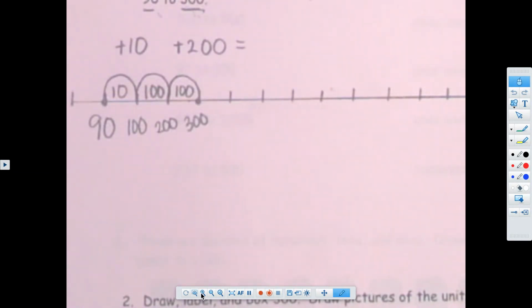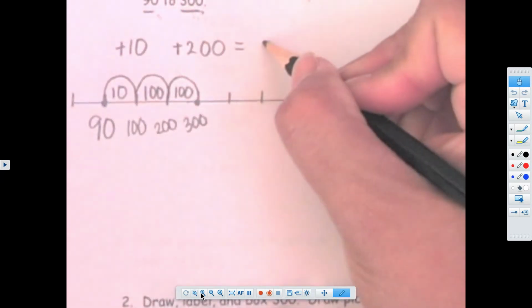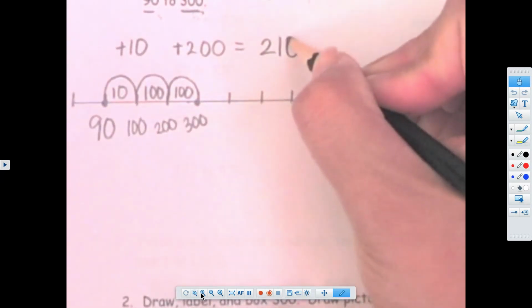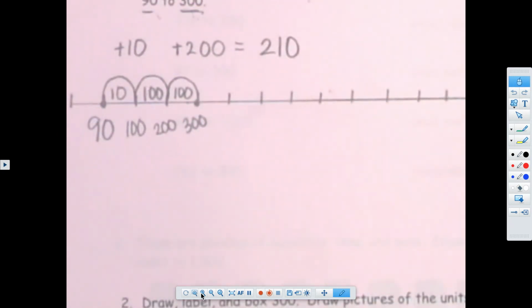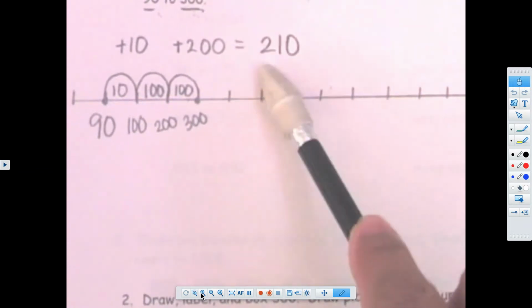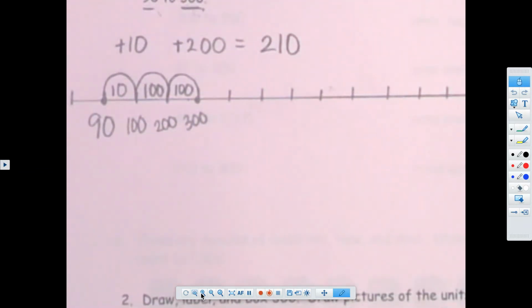Okay, raise your hand if you know. Sebastian, what is it? 210. Yes. So let's write 210 is the answer. So from 90 to 300, it is? 210.